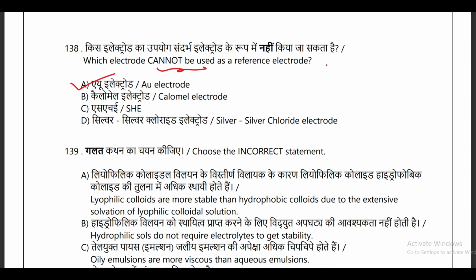But the gold electrode is useful in many other applications but doesn't serve this purpose. So gold electrode can't be used as a reference electrode, and the other three are reference electrodes. So A option is your correct answer.